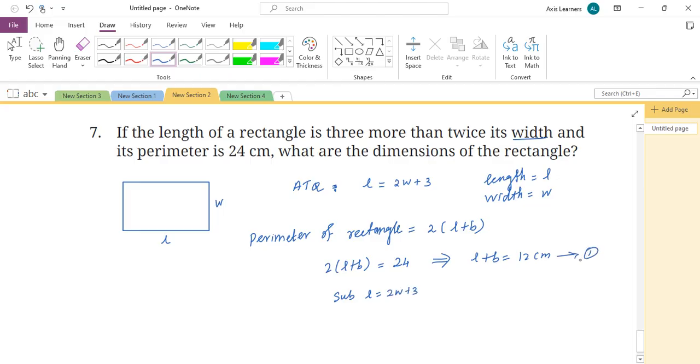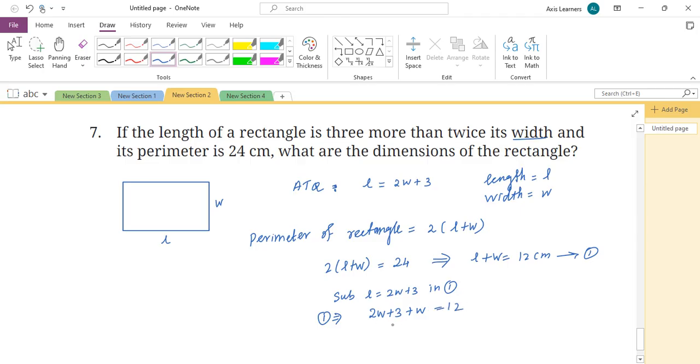We can define one name for this equation, 1. So what will come? The first equation will be 2W plus 3 plus W. Sorry, it is W, since the width is W. We will write W here, equal to 12.